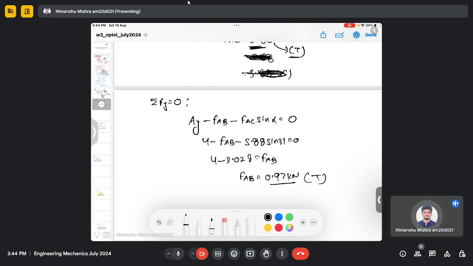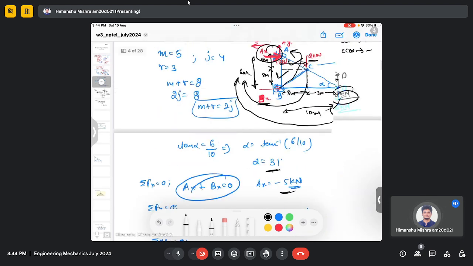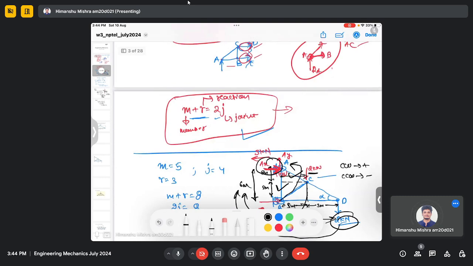So this is how you calculate the forces by using the method of joint. You first need to determine whether you can solve by these two methods, and whether the truss is static indeterminate or not.